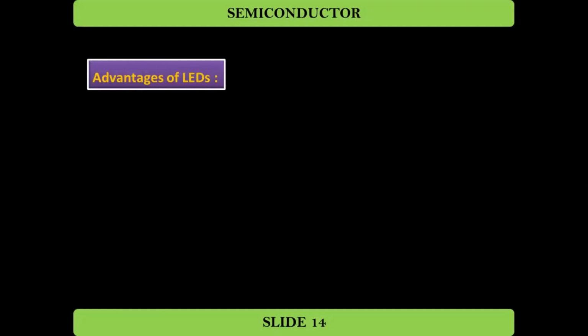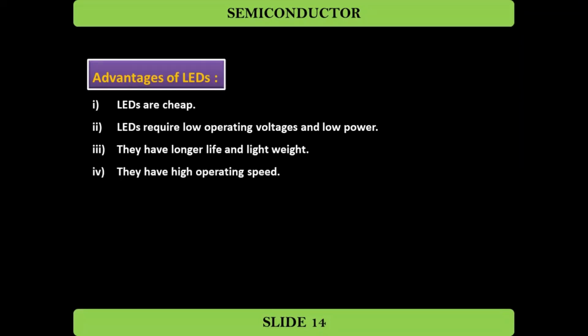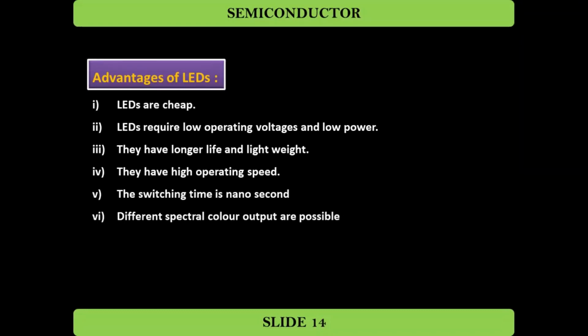Let's talk about the advantages of light emitting diodes. They are very cheap. They require low operating voltages and low power. They have longer life, are light in weight, and have high operating speeds. The switching time is in nanoseconds, so very quick. You can find different spectral color outputs depending upon what is needed.